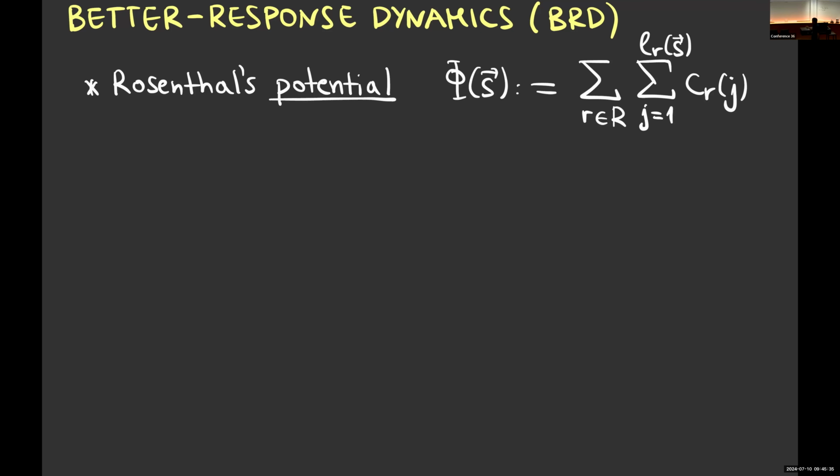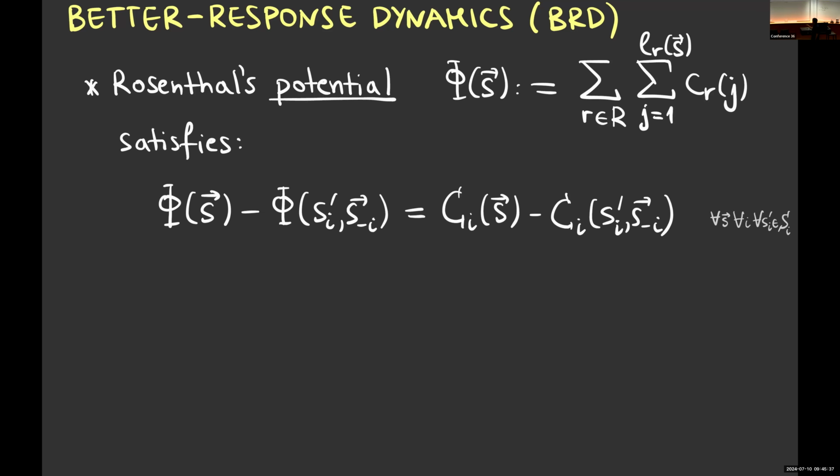But it really works, and it does the trick. It has this beautiful property: if you take any player i and you deviate to any strategy, the amount that you improve, or the change, can be captured by this function. So what this means is, keep improving this function, minimizing it. If you cannot minimize it further, this is exactly a pure Nash equilibrium. And this is exactly how Rosenthal proves existence.